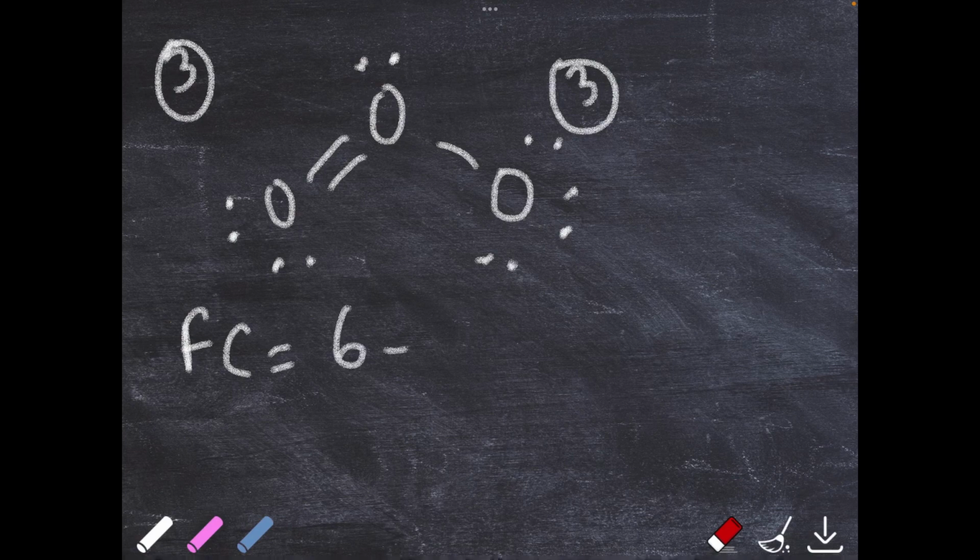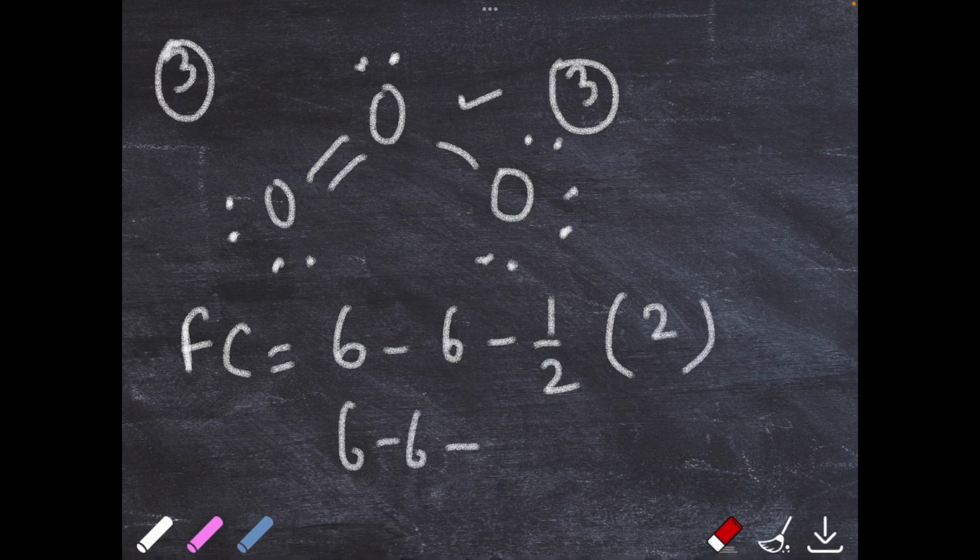Number of valence electrons will always remain the same, minus total number of non-bonded electrons, which is 6 over here, minus half into bonded electrons. There's only a single bond here, so there are 2 electrons. So 6 minus 6 minus half into 2, that is 1. So this will be minus 1. So the formal charge on the third atom of oxygen is minus 1.